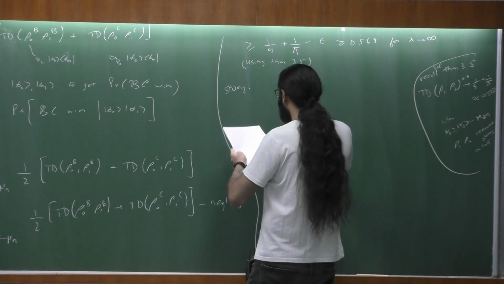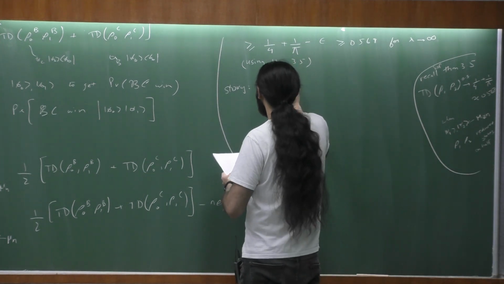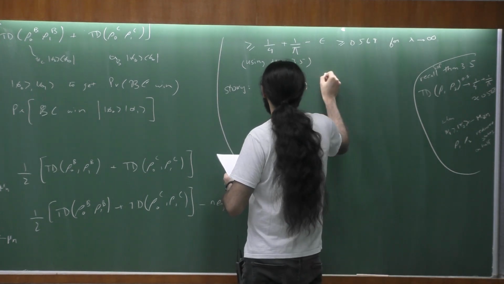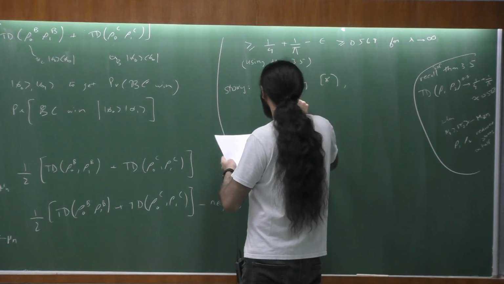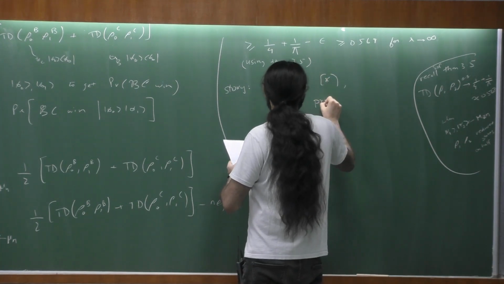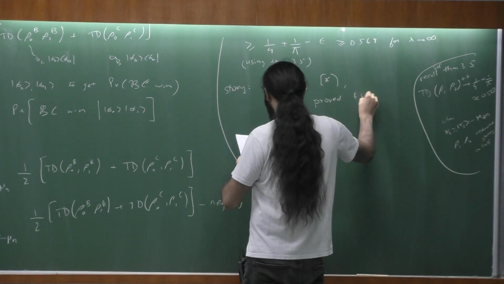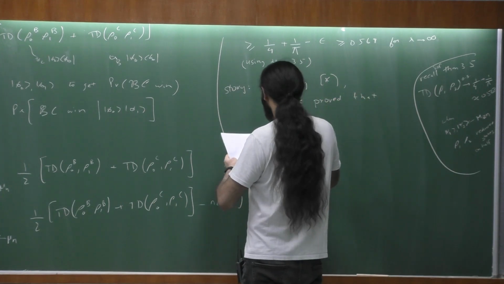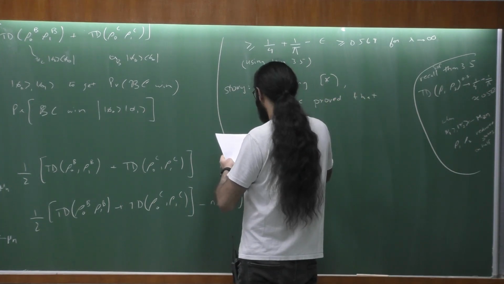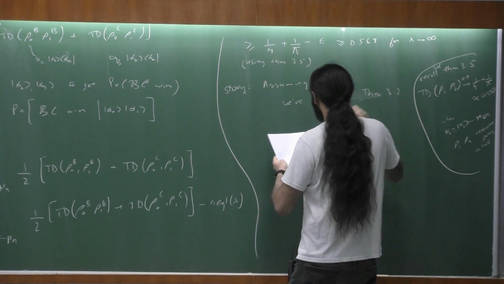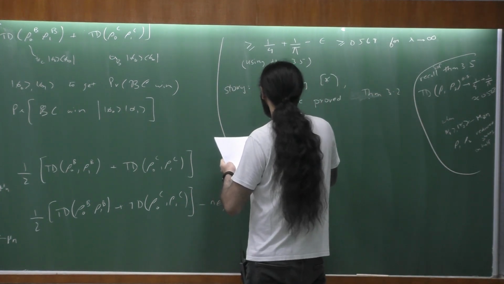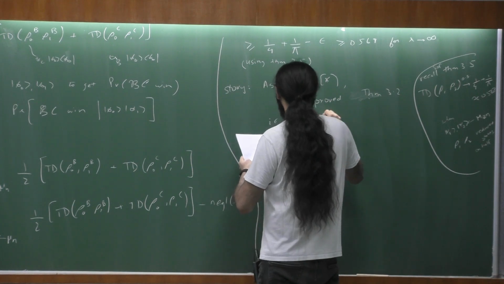But okay, so the bottom line is, assuming star works, we've proved basically theorem 3.2, which was saying that every deterministic scheme can be attacked.